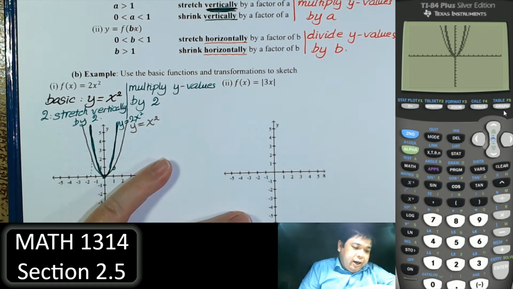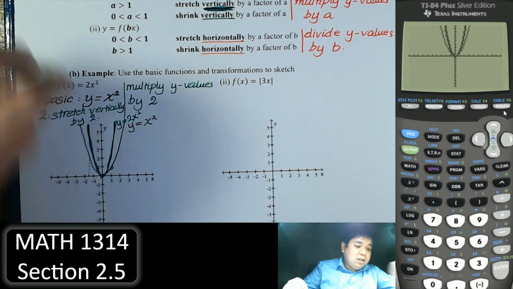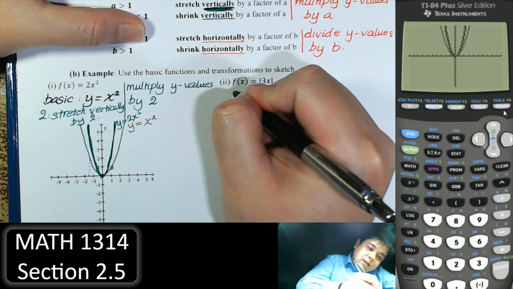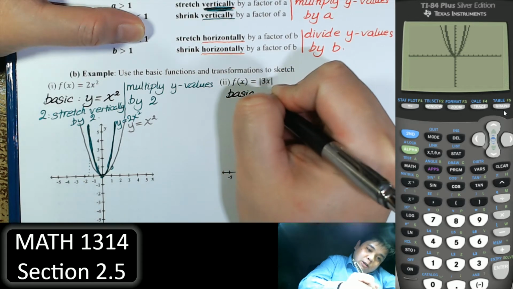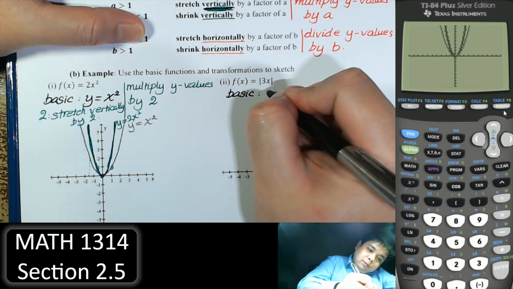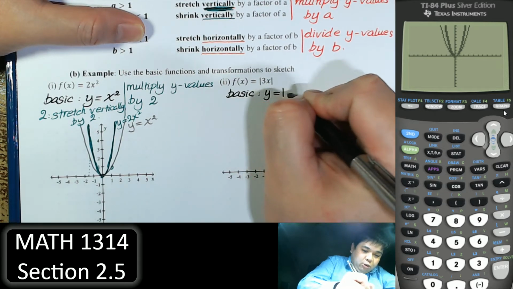Right. Next, we have the basic graph, the absolute value of x. Just say y equals the absolute value of x.